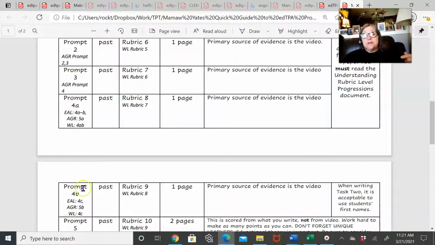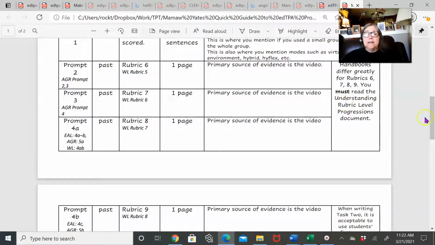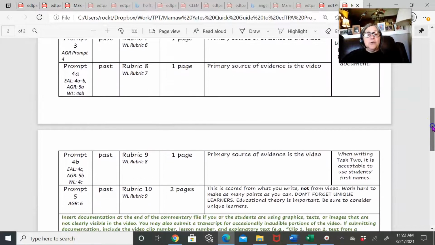We get into task 2, now we've got a prompt that's scored with 2 rubrics. So you've got prompt 4A scored with rubric 8 and prompt 4B scored with rubric 9. And so that becomes really important. And so keep that in mind when you write.